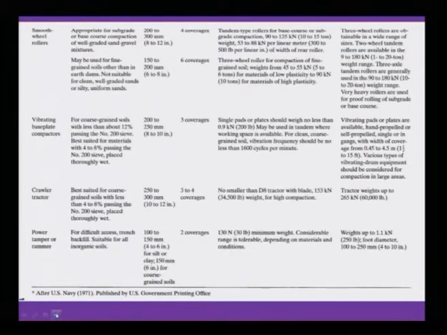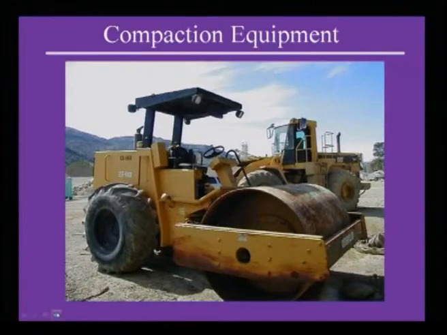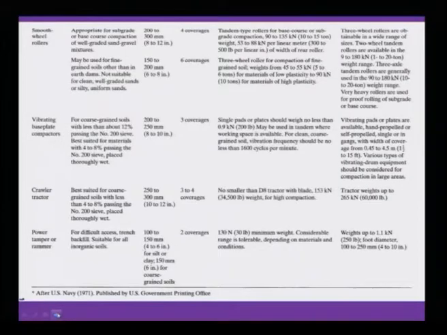Next is smooth wheel rollers. Smooth wheel rollers are appropriate for subgrade or base course compaction. As I said earlier, I have shown you this smooth drum. This is your smooth drum. Where is it applicable?